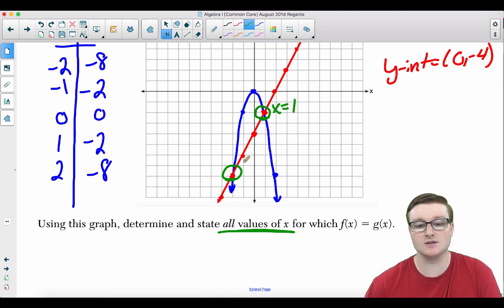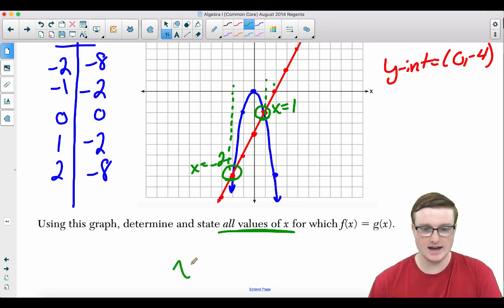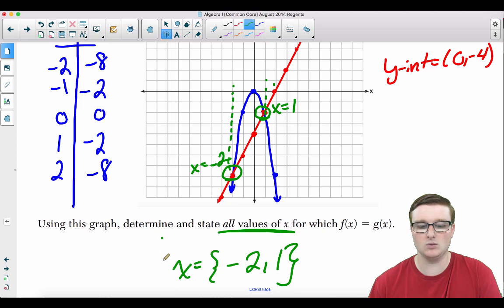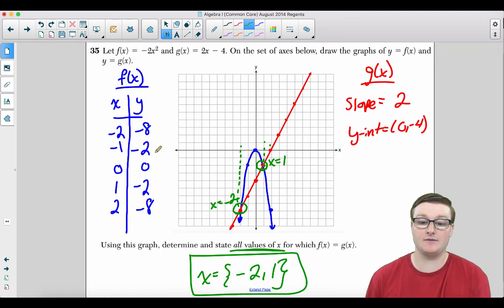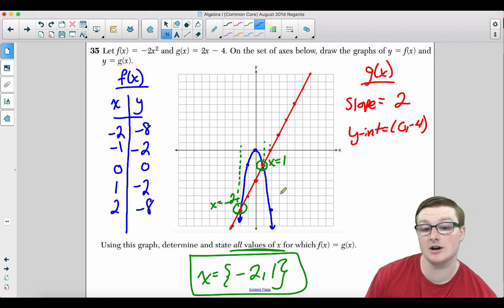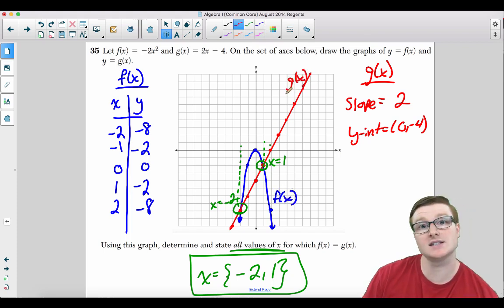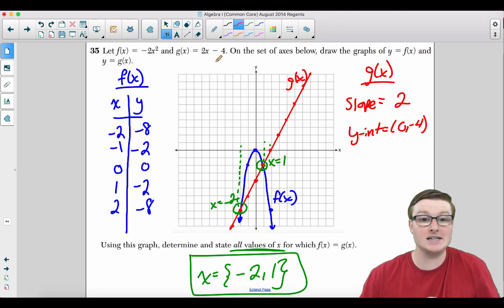That's x equals positive 1. That's x equals negative 2, because there are those lines right here. So your x values are negative 2 and positive 1. You are done. And that is how you graph. Oh, I should really label. I'm sorry. That's f of x and that is g of x. I like to label my graphs just because I'm a little crazy.